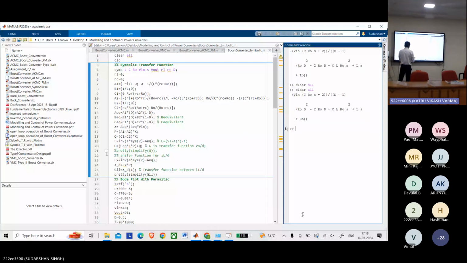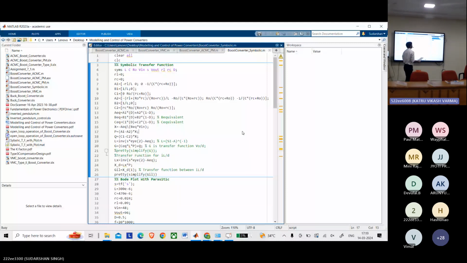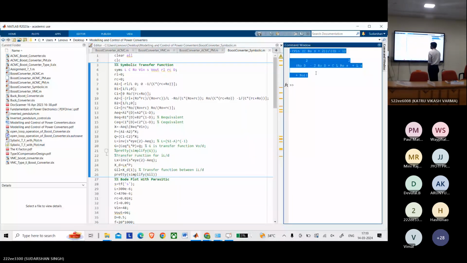And the corresponding transfer function is here, no? This is the corresponding transfer function. Have you used the pretty command? Okay.